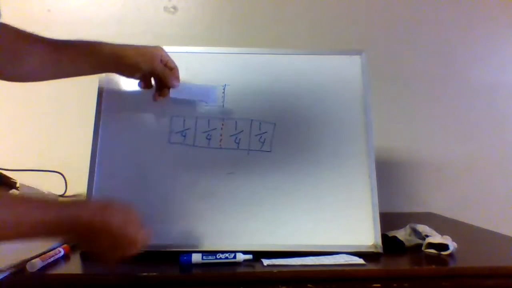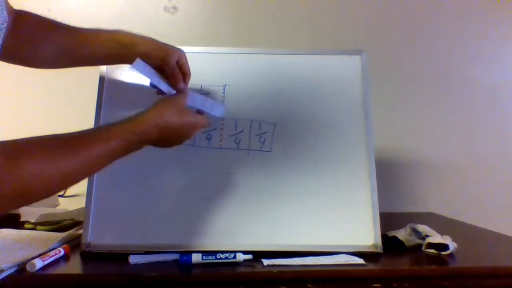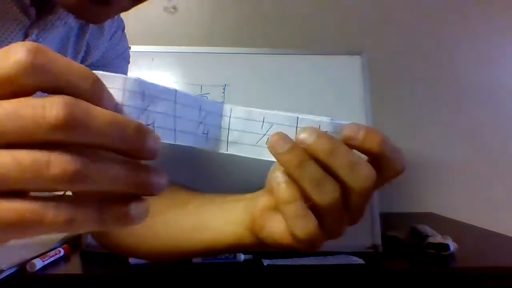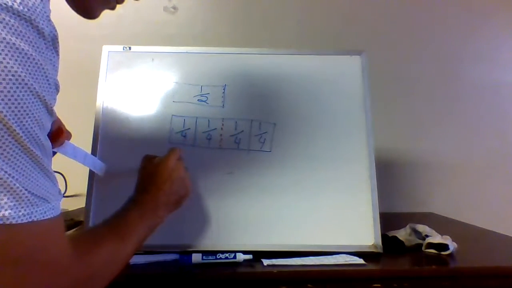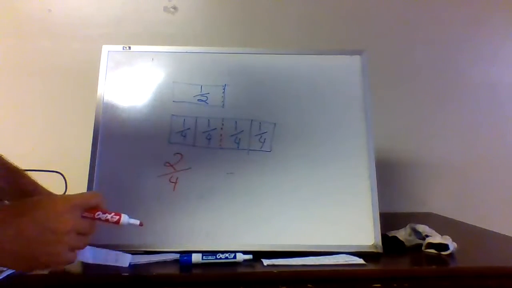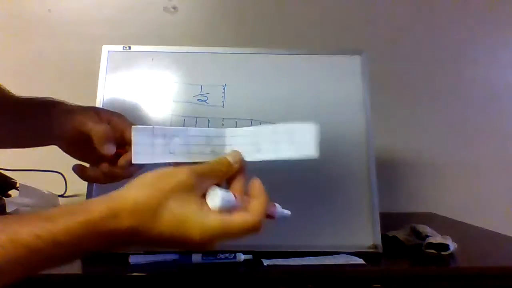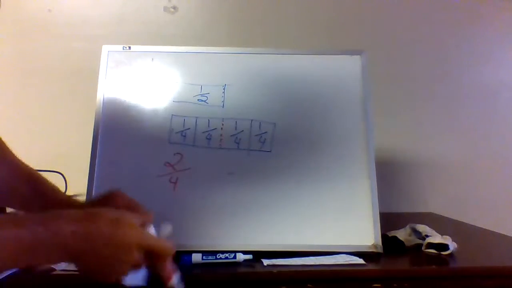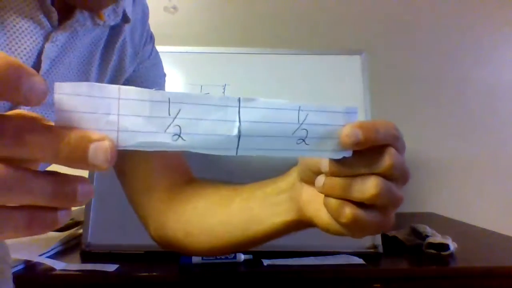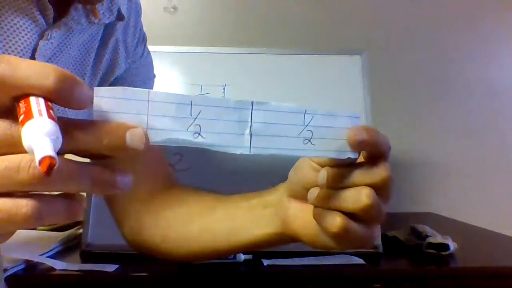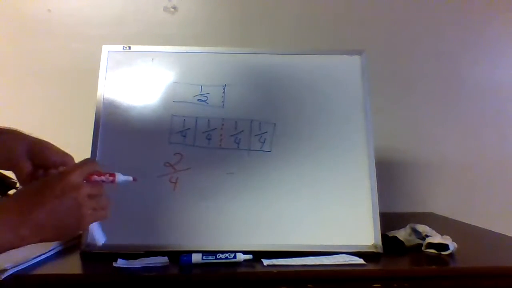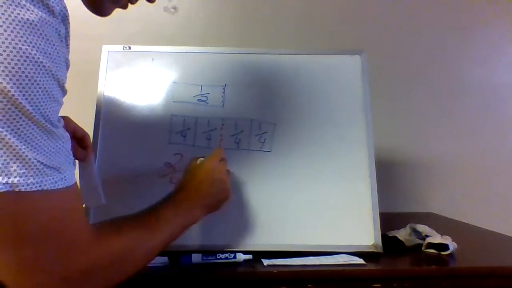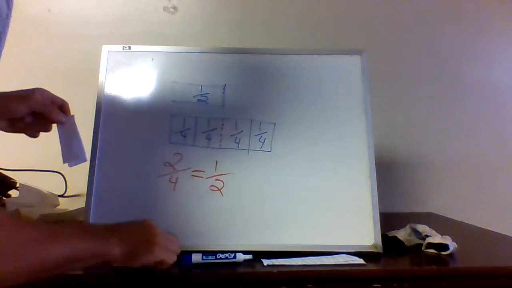So taking our 2 papers, we can open it and we can see the first one I have is my fourths. And I can see that when I fold this paper, I have 2 fourths. And when I undo my halves to make a half, I only have 1. So we saw that 2 fourths equals 1/2.